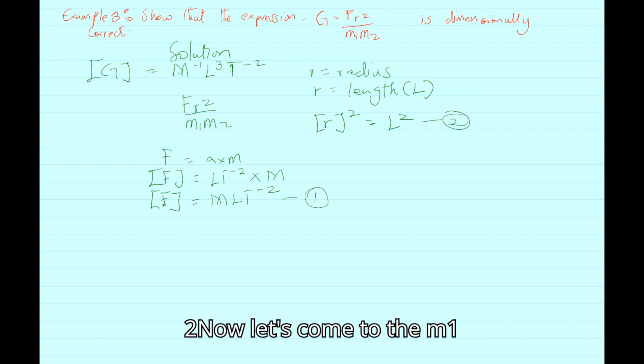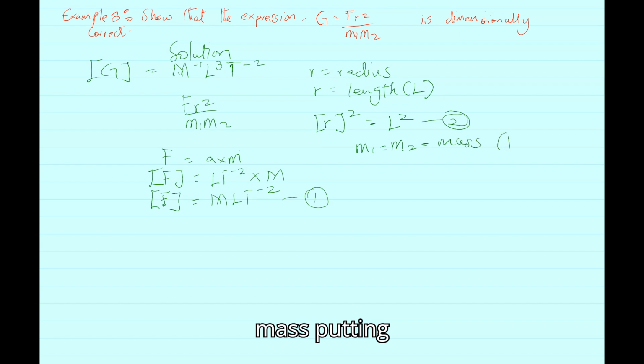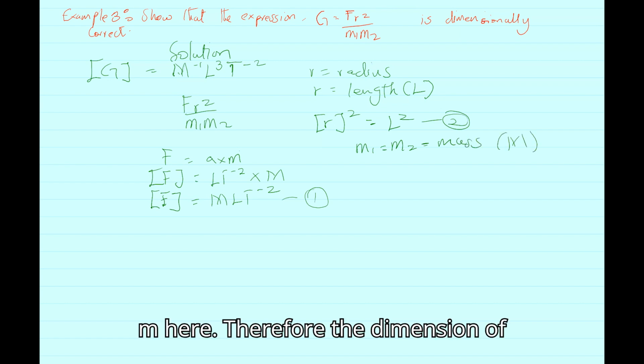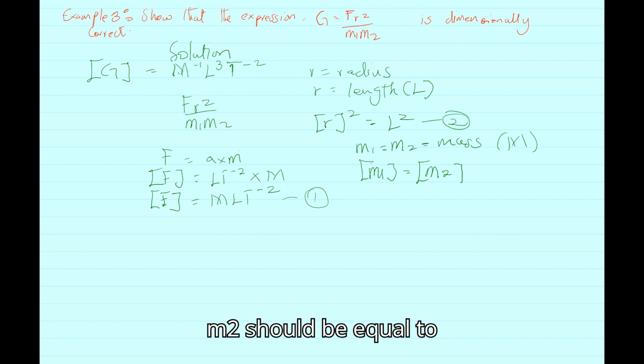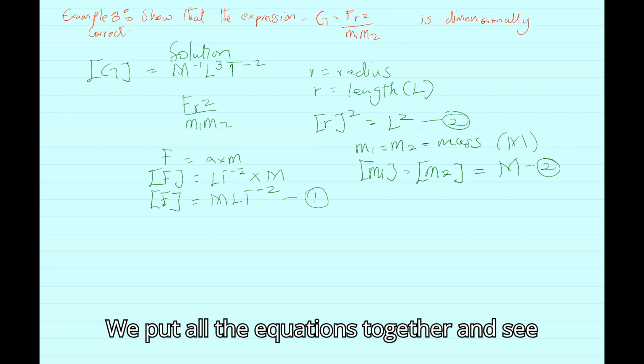Now let's come to m1 and m2. m1 and m2 are mass, so the dimension of m1 is equal to the dimension of m2, which is capital M. This is 3. We put all the equations together and see what we are going to get.